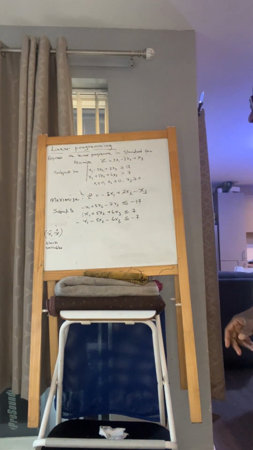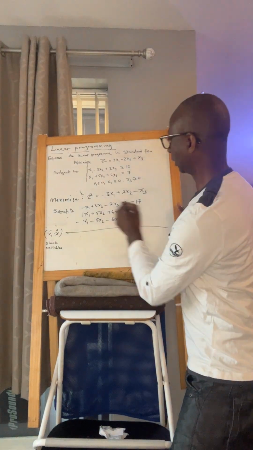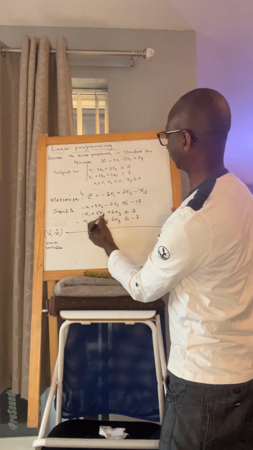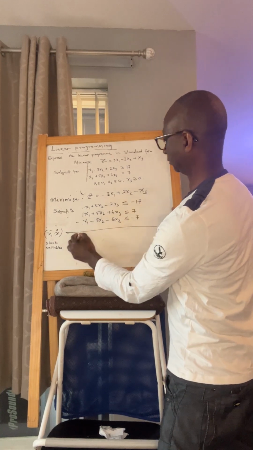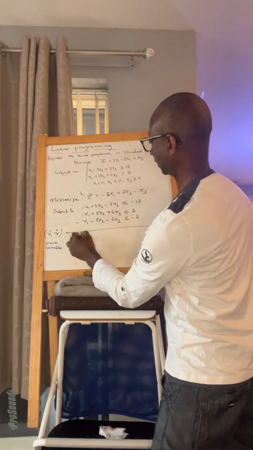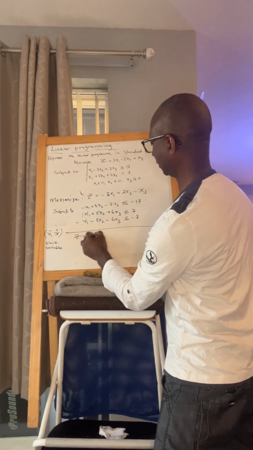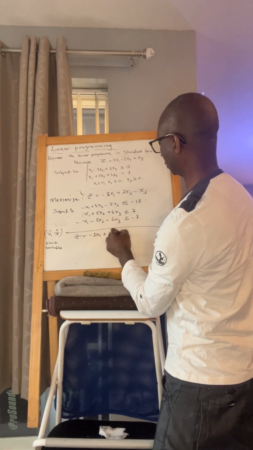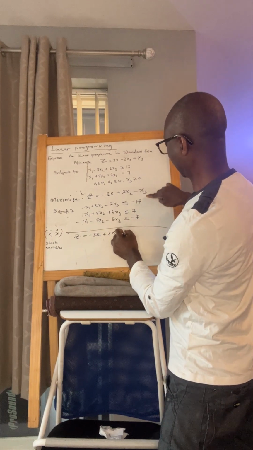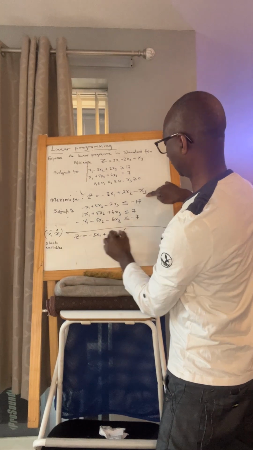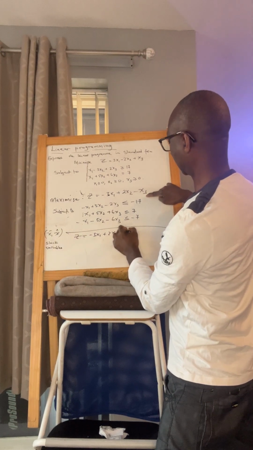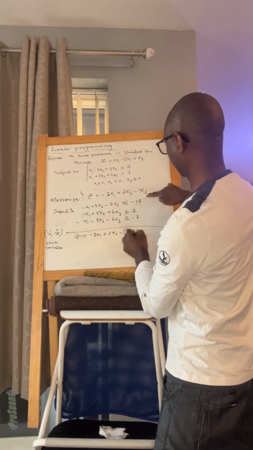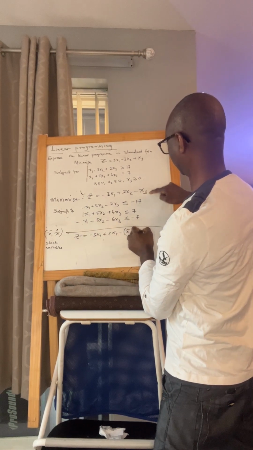Now we need to introduce them here. Now we will have them in this equation here. Z equals minus 3x1 plus 2x2 minus, instead of x3 now, we're going to have x bar plus x hat.